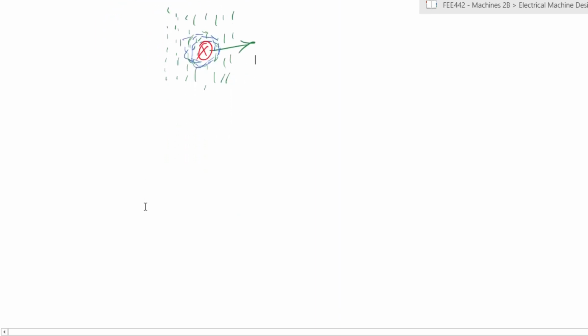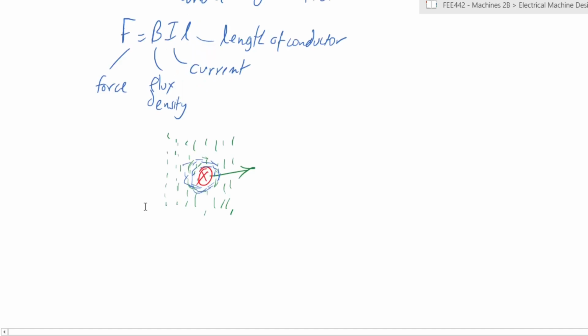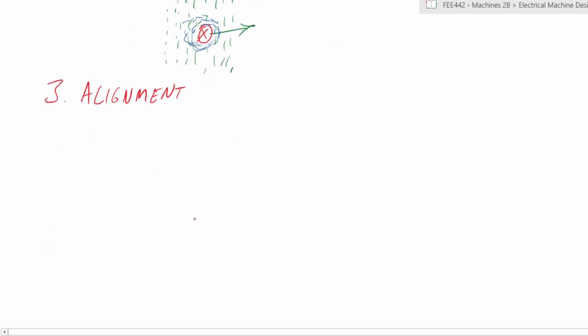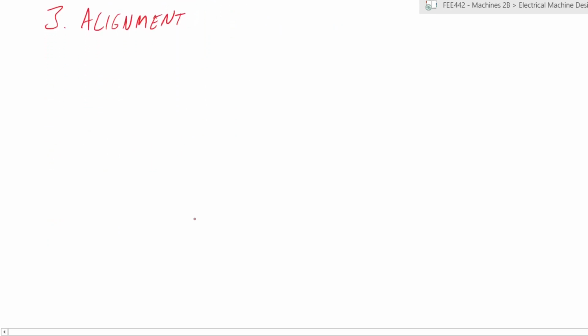And finally, the last principle of the machines is alignment. Now, alignment is slightly different from the two that we have seen before in that it relies on the properties of ferromagnetic materials.